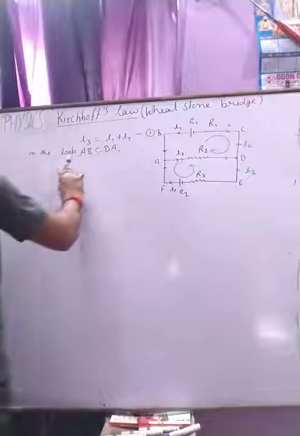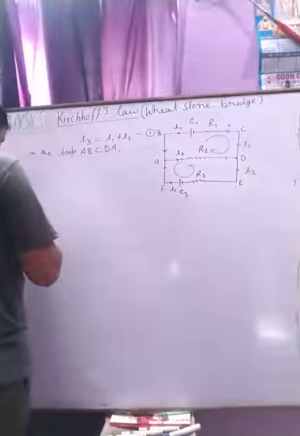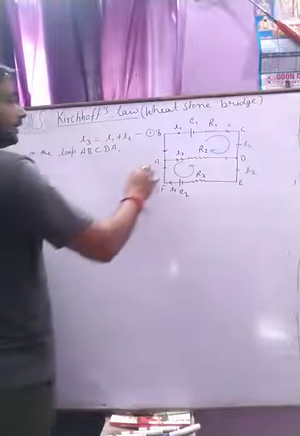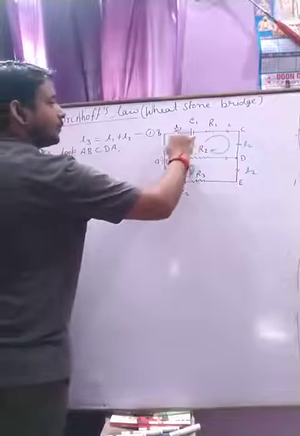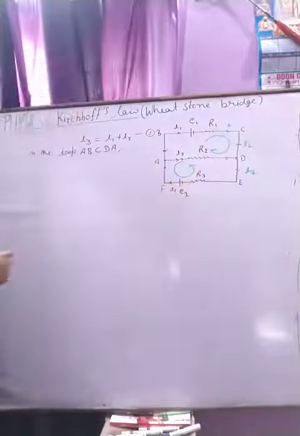When we are going around this loop ABCDA, our calculation direction is clockwise, which is opposite to the direction of current.